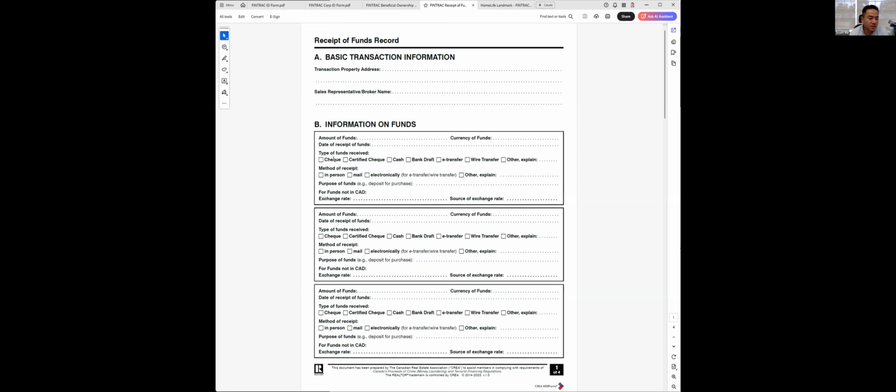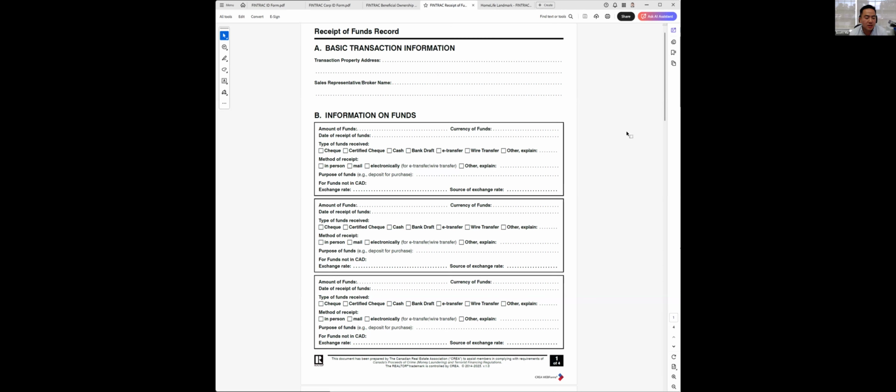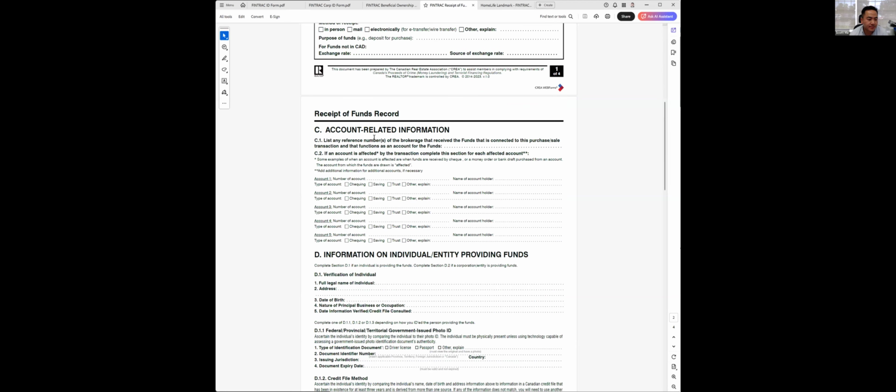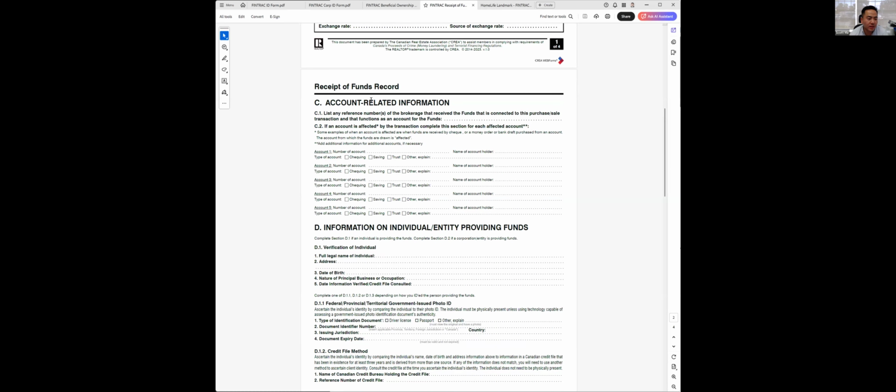Typically it is when you're receiving a check or a bank draft from your client for a purchase, let's say, and then you have to provide that check to the listing brokerage, that you'll have to provide this receipt of funds record. You have to indicate how much funds, the currency, when you received it, what's the purpose. So here, deposit for a purchase, and Part C, account related information.